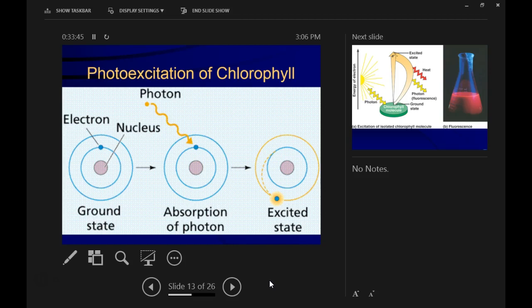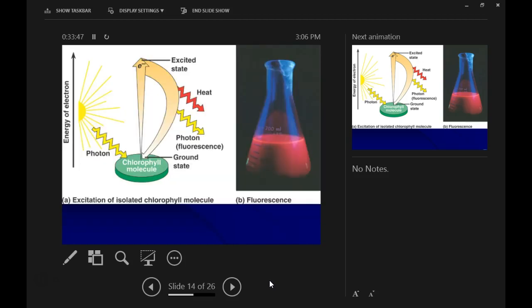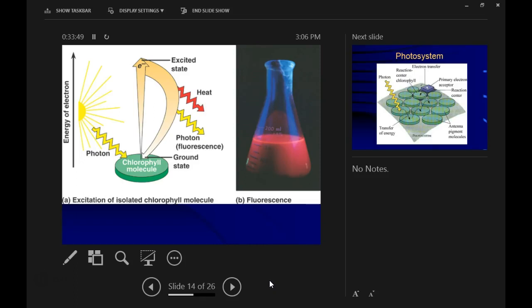So, when it drops back down, it gives off that amount of energy in two different ways. One way is by light. When a photon strikes a pigment and energizes it, it stays there a fraction of a second, and when it drops back down, sometimes that energy is released as light.